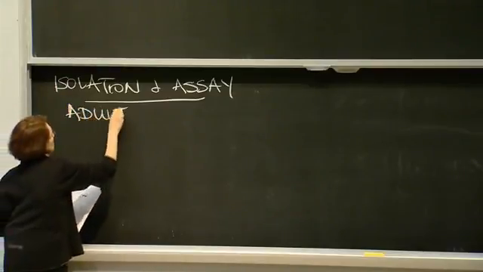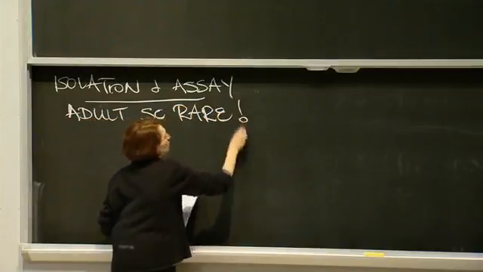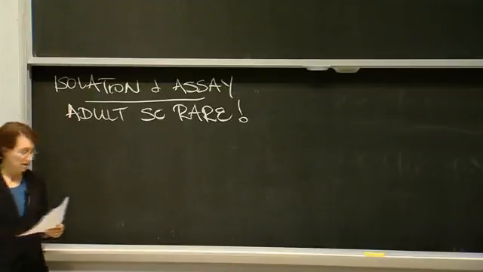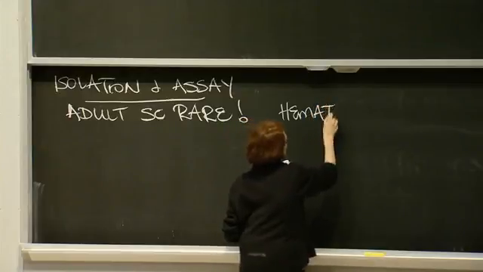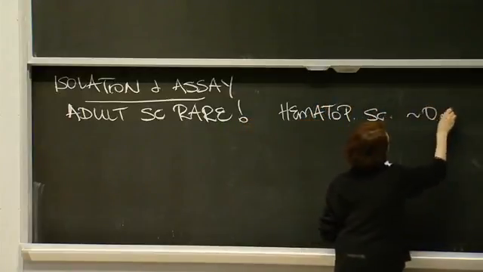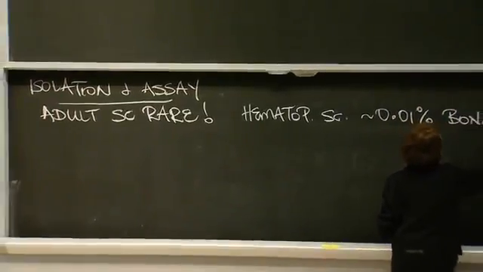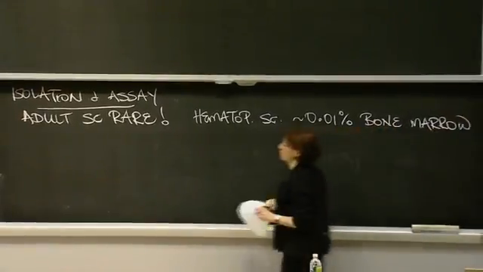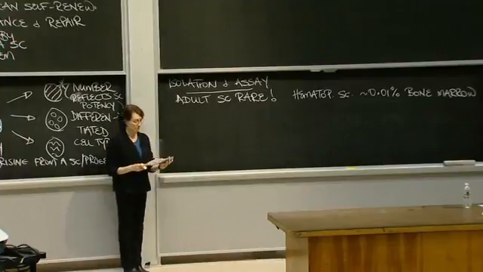And that is one of the issues with using stem cells for therapy. There are very few of them, and they're hard to isolate. Hematopoietic stem cells comprise about 0.01% of the bone marrow, which is where the stem cells reside and where the precursors of your whole blood and immune system reside.